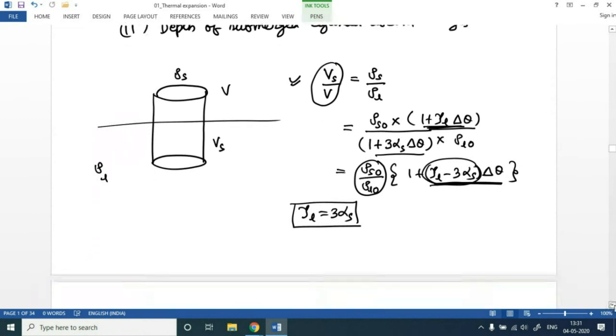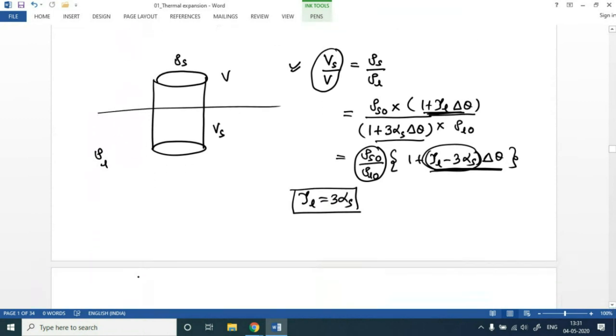Now for the second part, let's look closely, although it looks like both questions are in fact the same. Since Vs by V is rho S by rho L, that can also be written in terms of cross sectional area, which is the same for the submerged part and the total part.